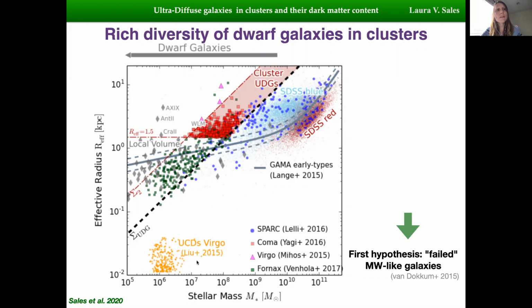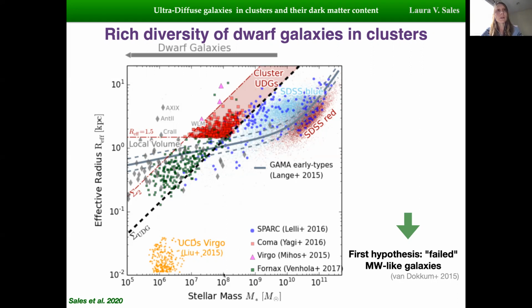At the scale of dwarf galaxies, which for the purpose of this talk is a bit more than 10 to the 9 and below, we have a large scatter, something that Jose also highlighted in his talk. We can see the median relation of passive galaxies, this solid line here, and scattered away from there is a population of very extended objects that have a low mass.